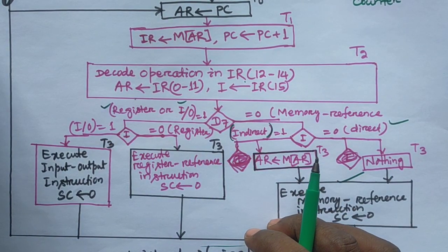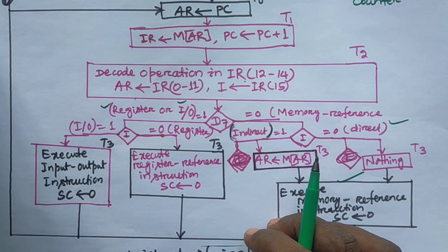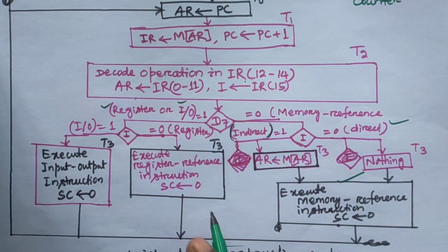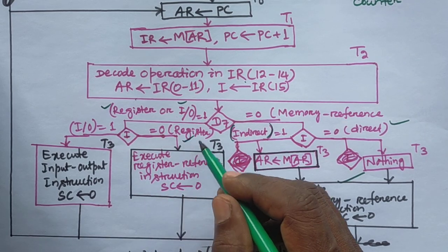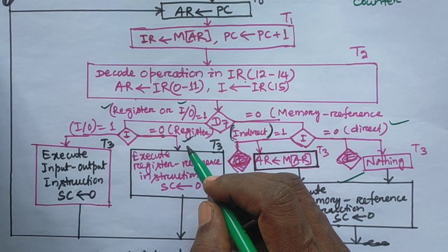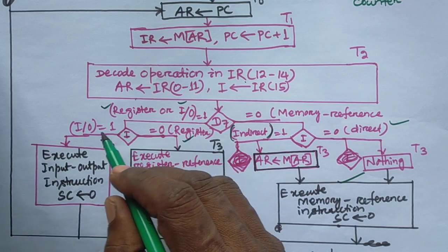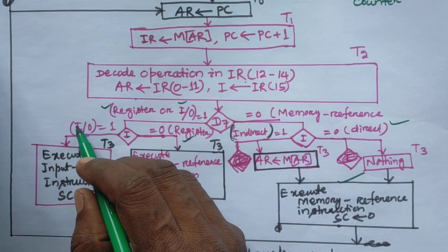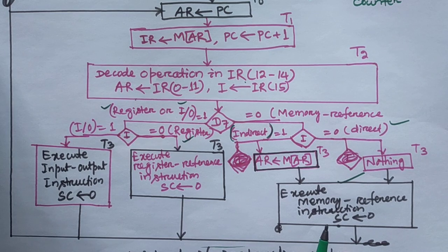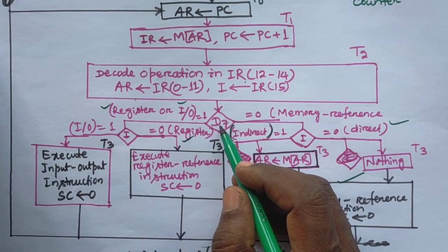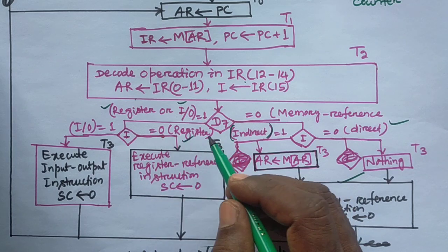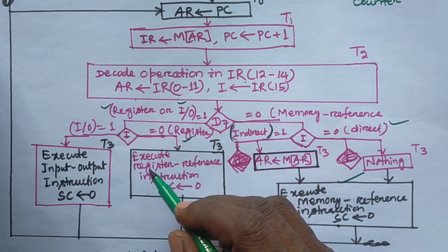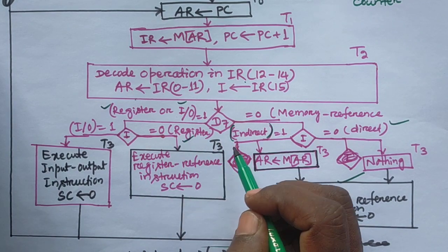How do we define which one? It depends on I. If I is equal to 0, then we go through register reference. If I is equal to 1, then we go through input output reference. So after D7 is 1 and I is 0, we execute the register reference instruction.